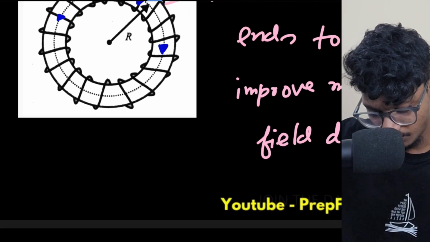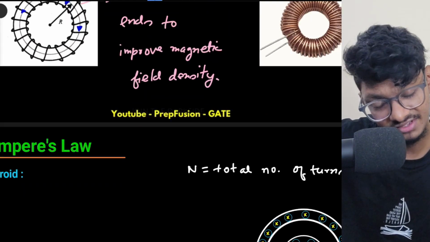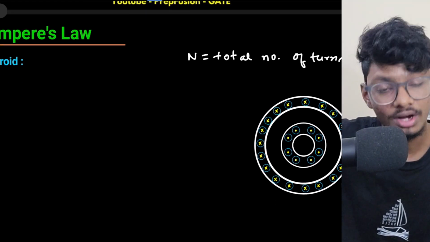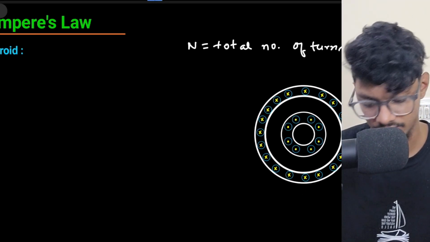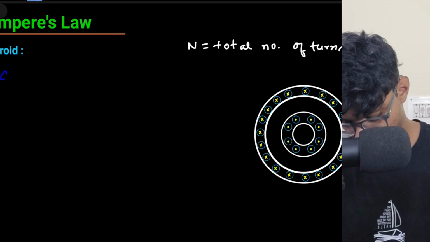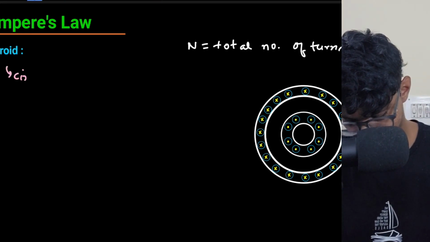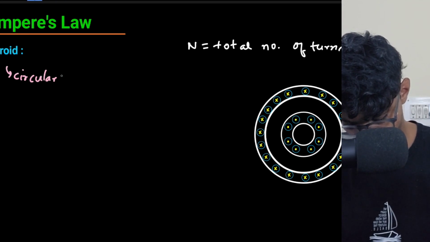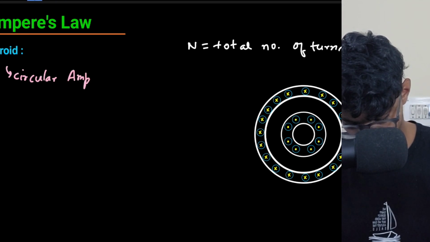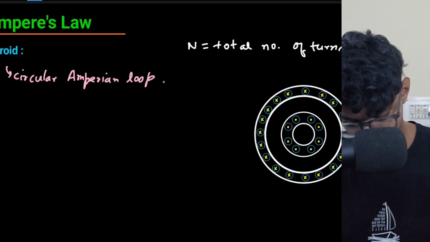So here what I can say is the magnetic field will be circular in shape. So again, if the magnetic field itself is circular in shape, what kind of Amperian loop will you choose? You will choose a circular Amperian loop.